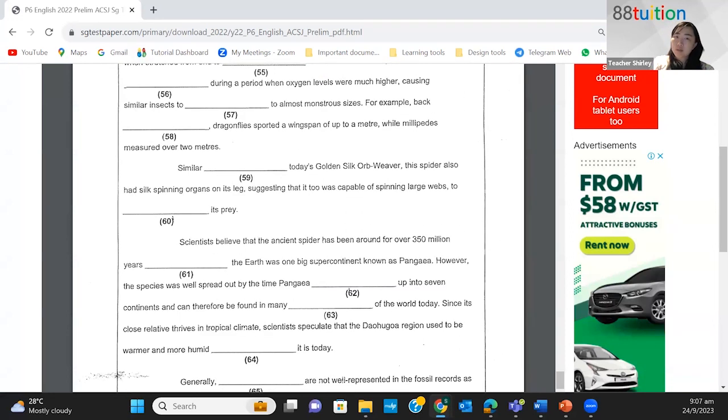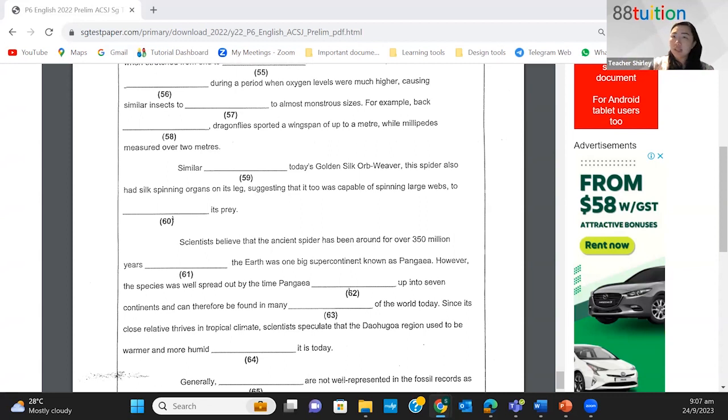So for now, you are in P4. We will still provide you with some helping words. Okay, but the main idea of cloze passage is that you need to be able to know what word class fits the blank. Okay, sometimes certain blanks can only be a verb or a noun or whichever.